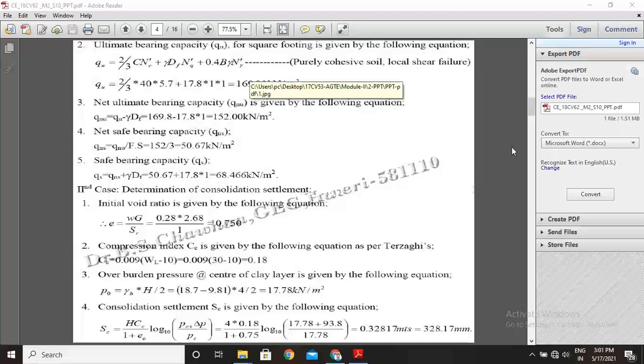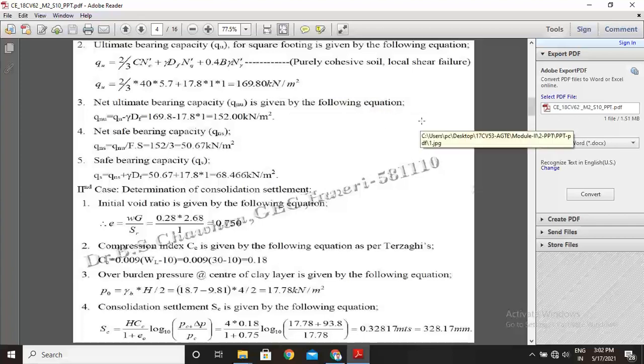Okay, next substitute the value in this equation. 2/3 into C is 40 into NC dash is 5.7 plus gamma is 17.8 into DF is 1 into NQ dash is 1. Okay, now we are getting 169.80 kilonewton per meter square.